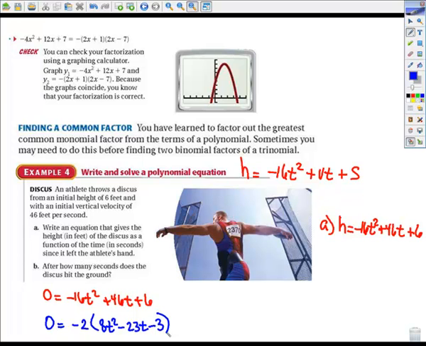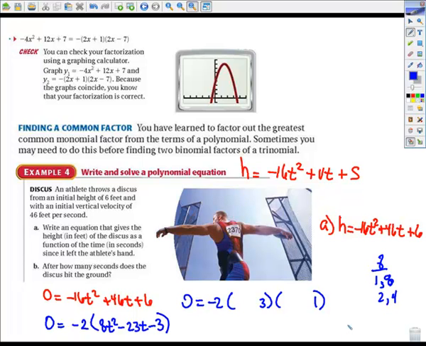And this is what I need to now factor. Well, here I know it's a 3 and a 1 because I at least have a prime number for my product at the end. But for 8, I can try 1 and 8, or I could try 2 and 4.